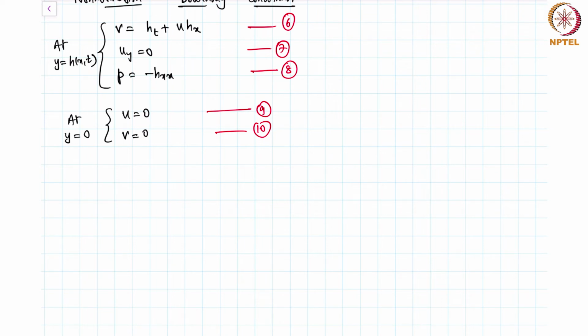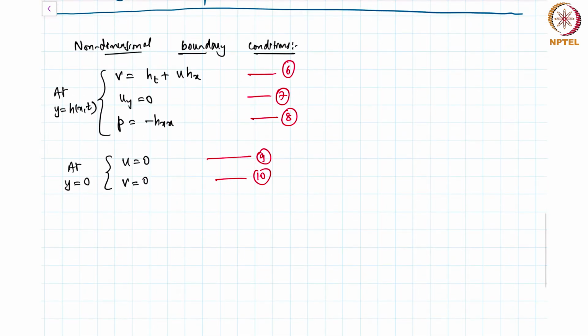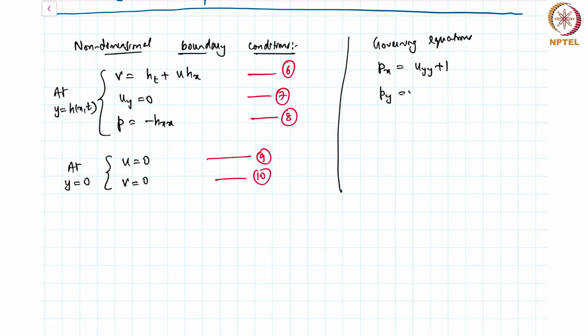So the full set of equations with the boundary conditions, I'll write them in one place. Governing equations would simply be Px is equal to uyy plus 1, py is equal to 0, and ux plus vy is equal to 0.